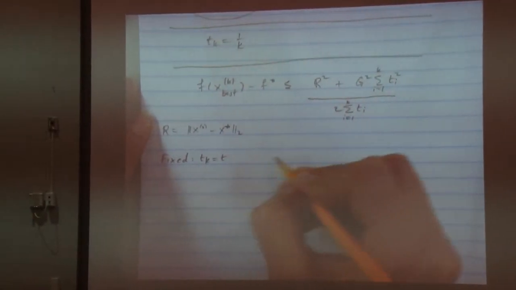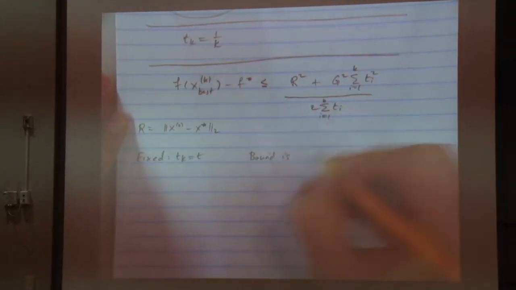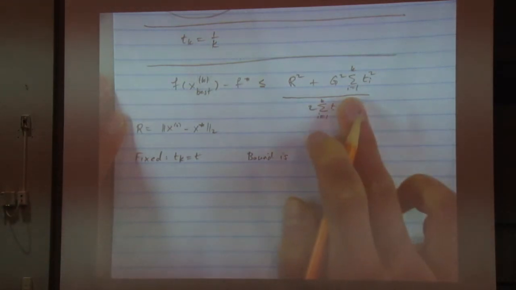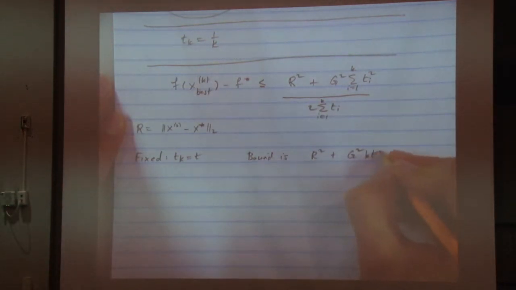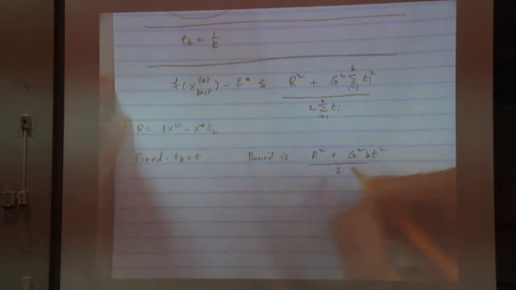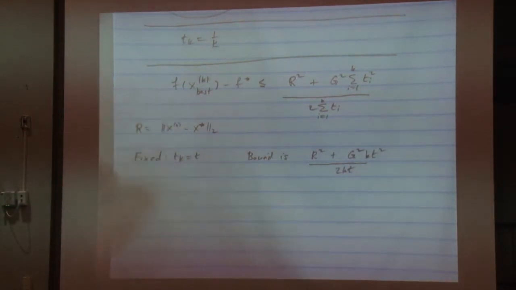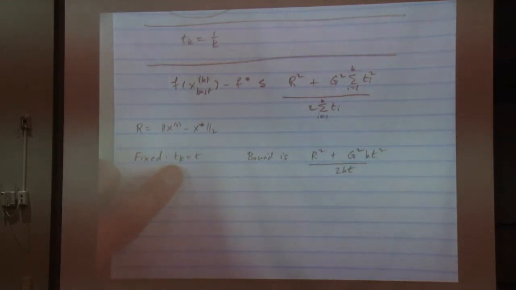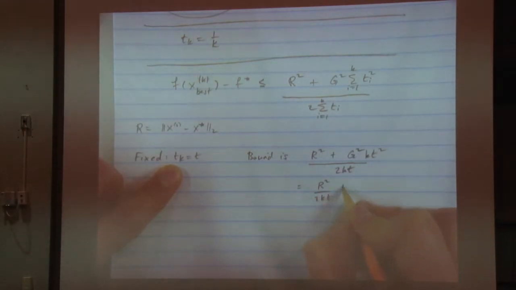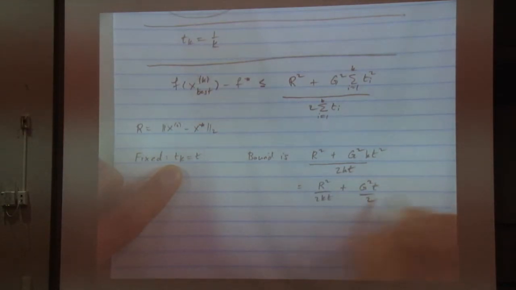Then the bound is just r squared plus G squared times k times t squared, divided by 2 times k times t, if all the ti's were just equal to t. That is equal to r squared over 2kt plus G squared times t over 2.